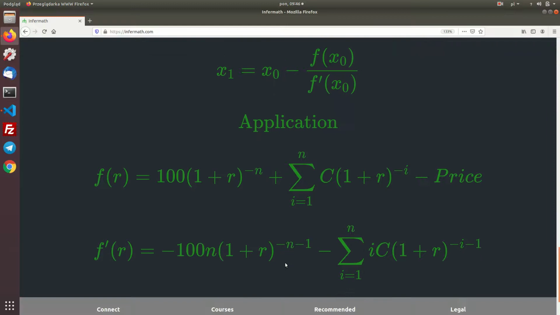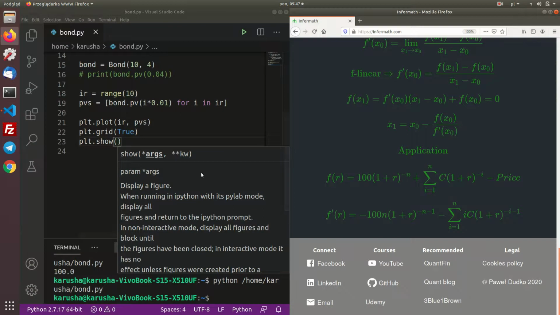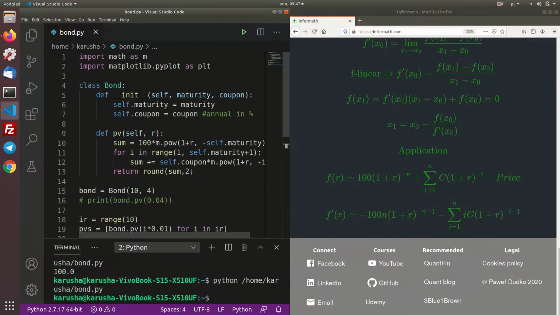So in our case this will be minus n for each of those terms, and we need to decrease the power by 1. So here we have minus n minus 1. And this is also the case here, but we multiply by minus i, and here we have minus i minus 1.